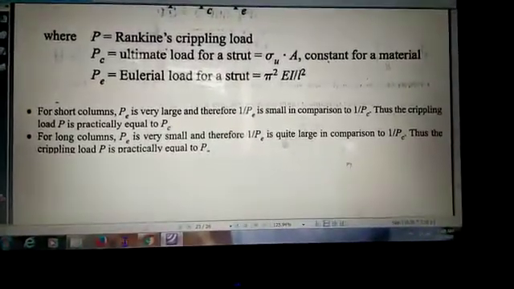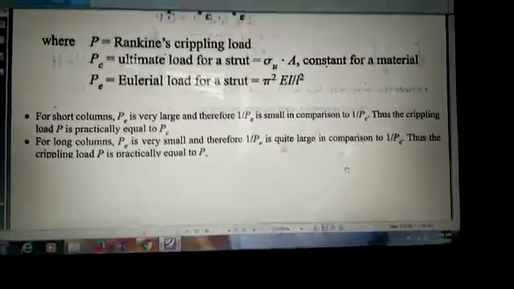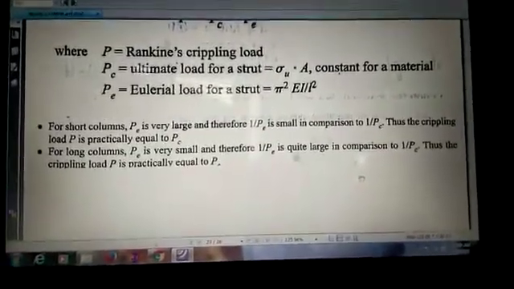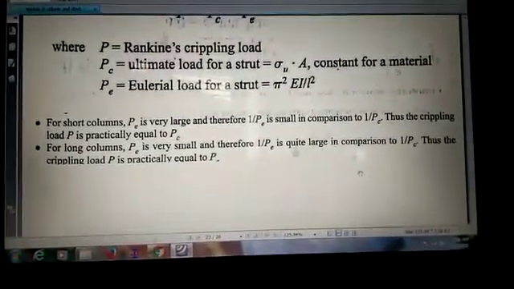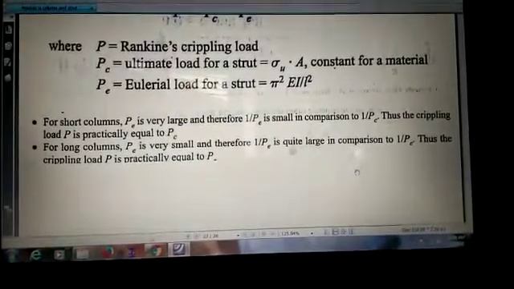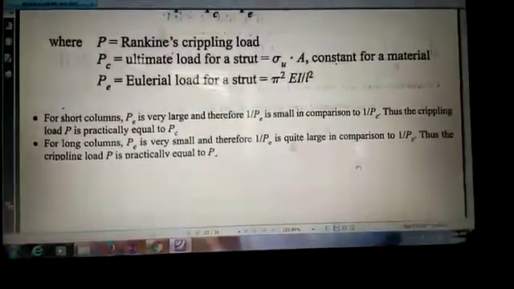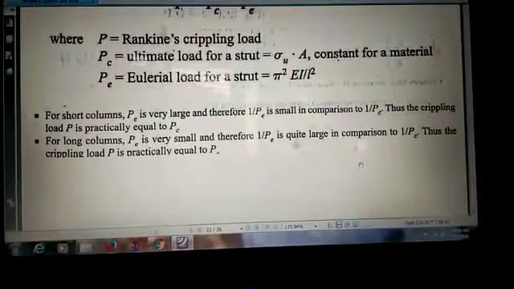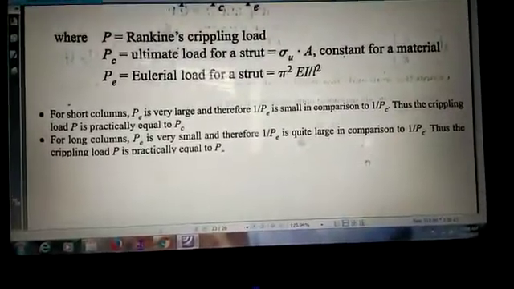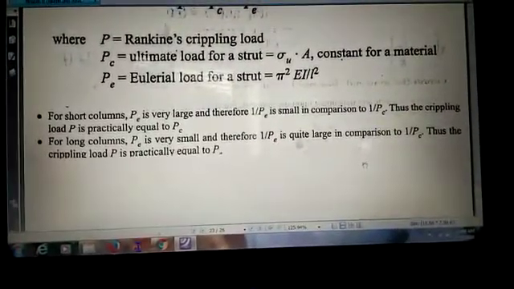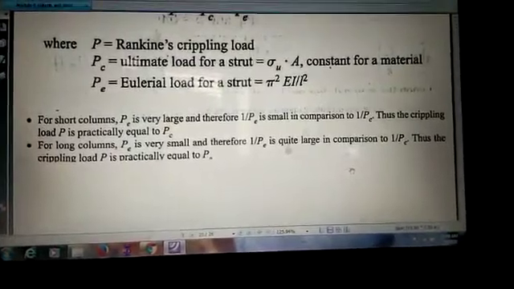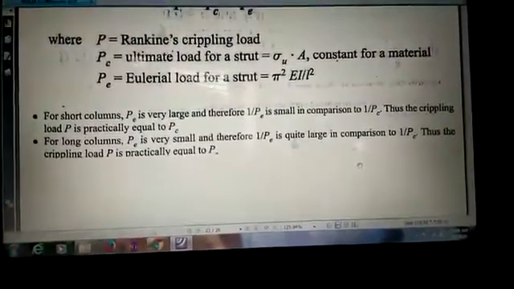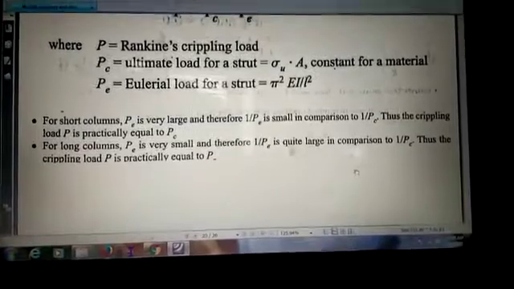For a short column the crippling load P will be equal to PC, that is the ultimate load, and for a long column Rankine's crippling load P is equal to PE.